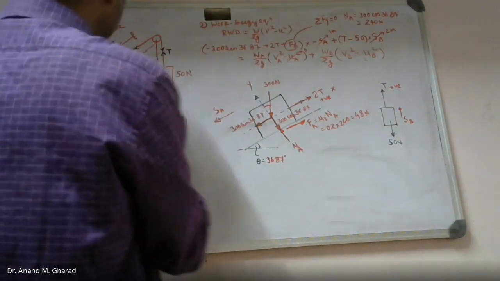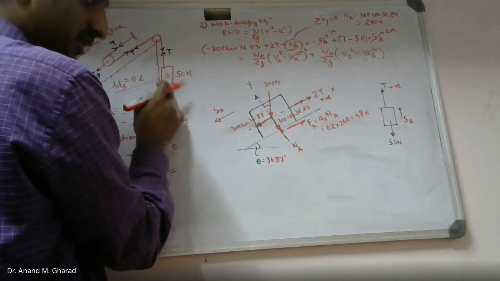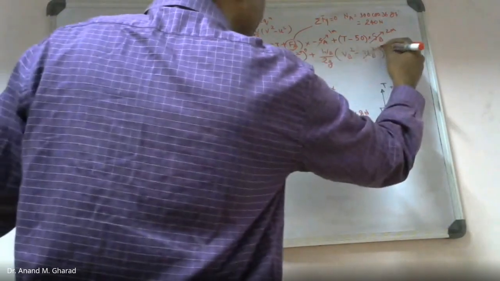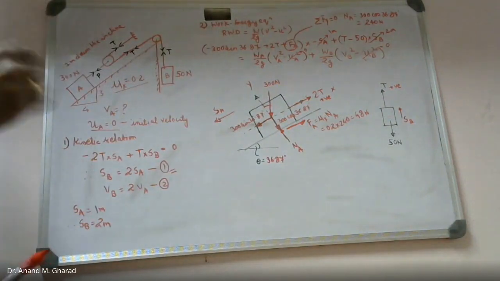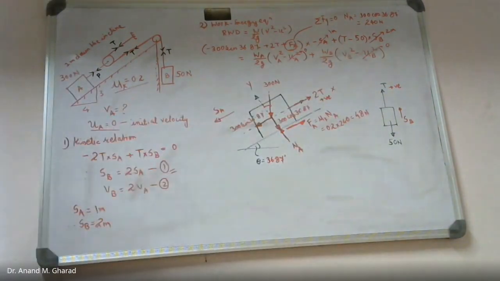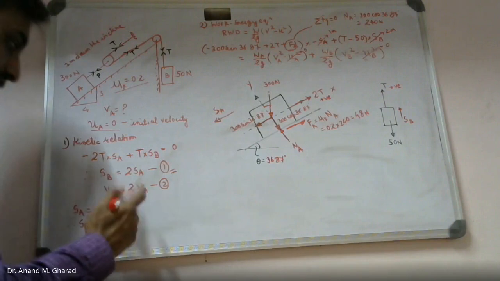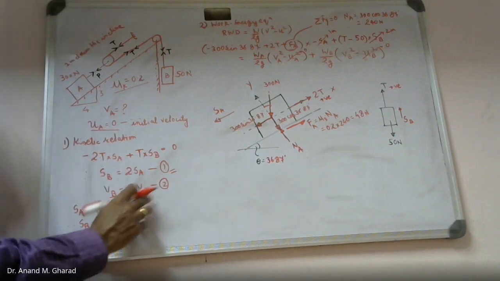And since this is stable, the complete system will be stable, and based on that, UB will also be 0. But there will certainly be the final velocity associated to VA and VB as well. Right? If you look closely, there is a relationship between VB and VA from equation 2.